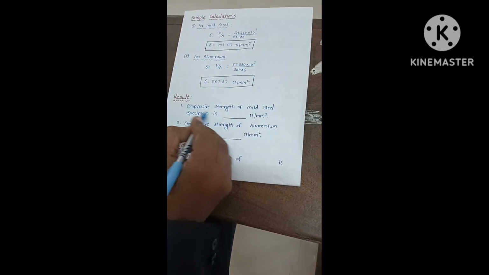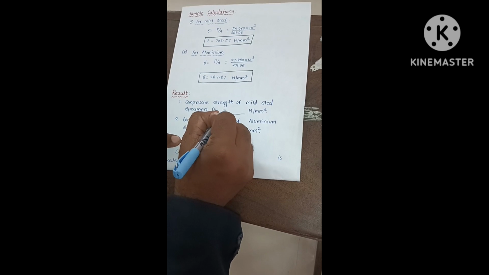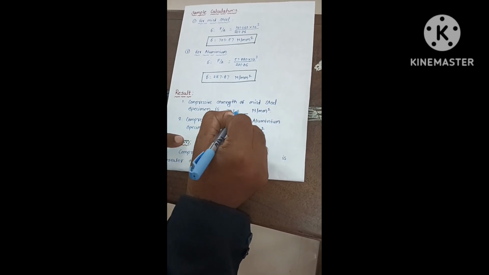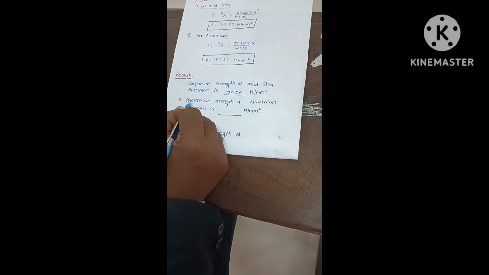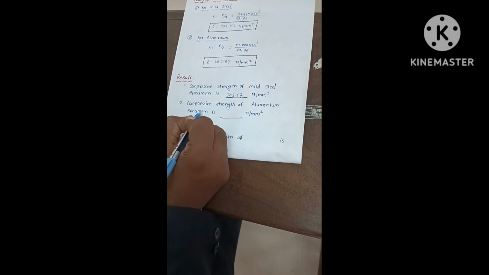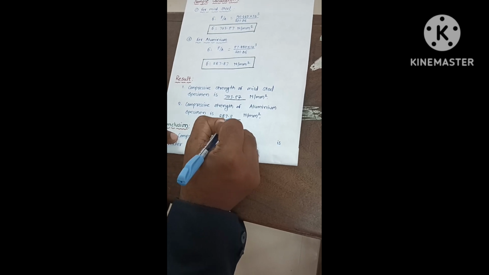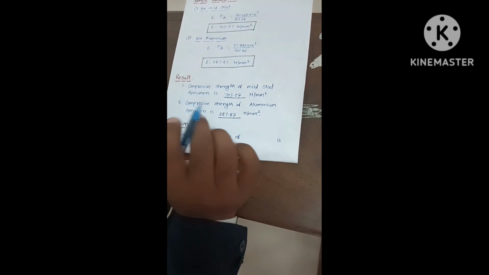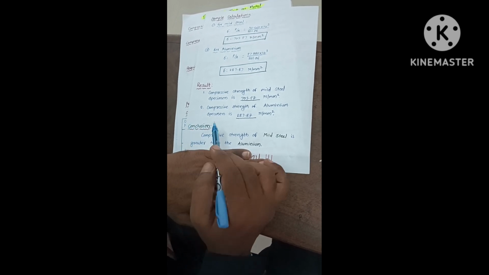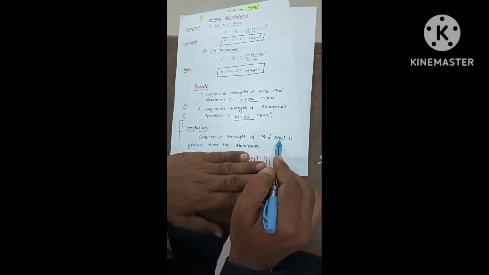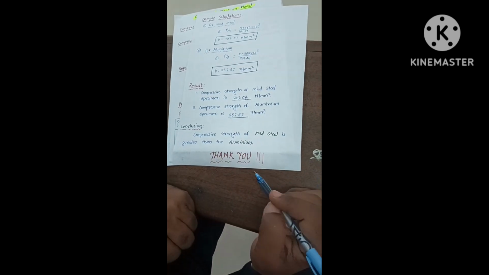The compressive strength of the mild steel specimen is 703.57 Newton per mm square, and the compressive strength of the aluminum specimen is 287.87 Newton per mm square. Now from the above result we can conclude that the compressive strength of mild steel is greater than that of aluminum. Thank you so much.